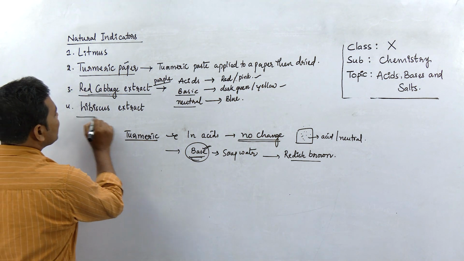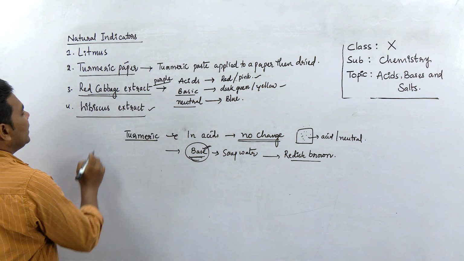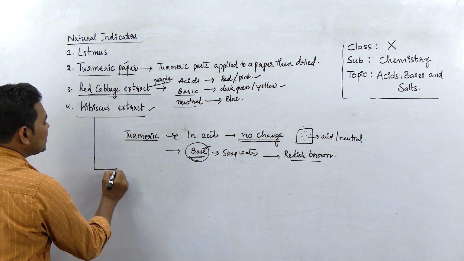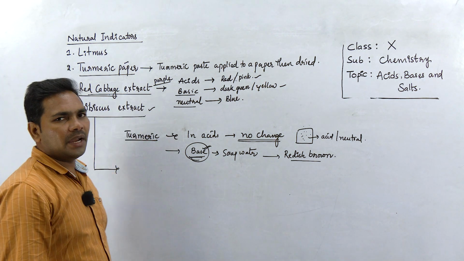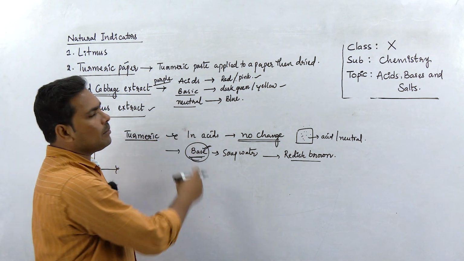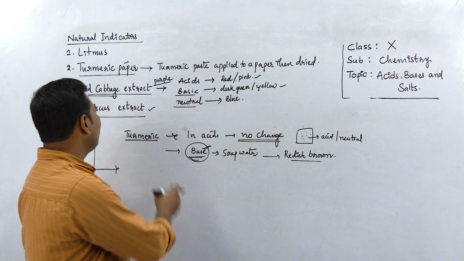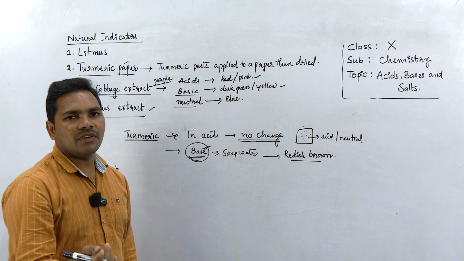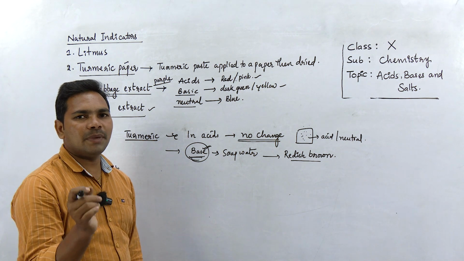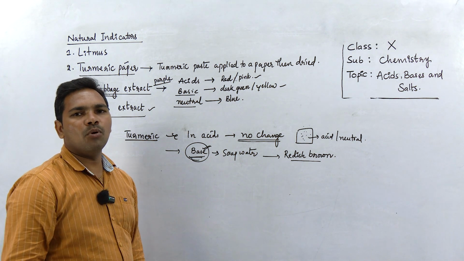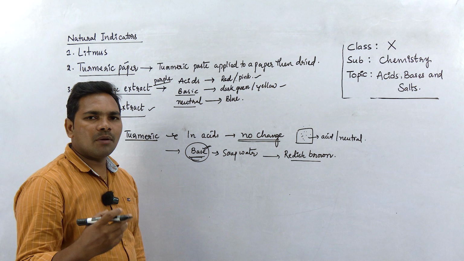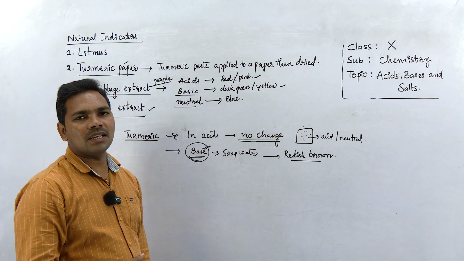And lastly, one more natural indicator is hibiscus extract. This is also made in the same way that red cabbage extract is made. For this, we take petals of hibiscus flower, and these petals are added to boiling water, and the water changes its color.